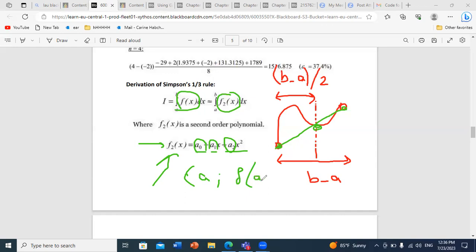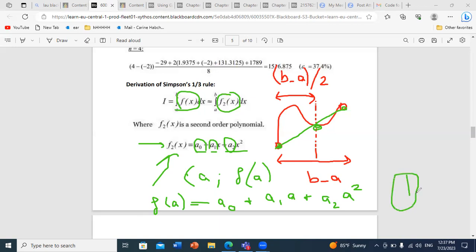So the first equation we can write is that f of a is equal to a0 plus a1 times a plus a2 times a squared. Okay, this is equation number 1.